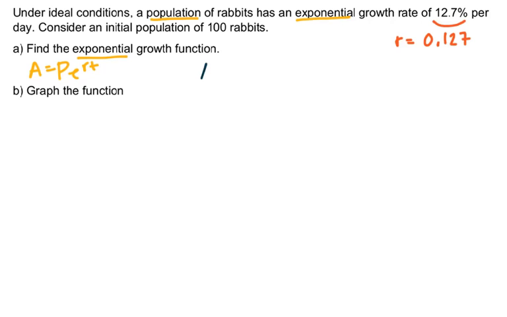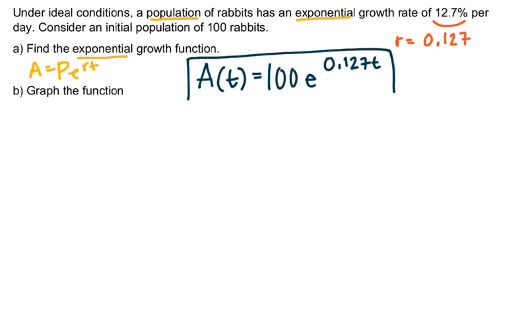So my formula here would be A of t, my end amount at time t, equals, my initial population is 100 rabbits. So I've got 100 e to the 0.127 t. So this represents my function.